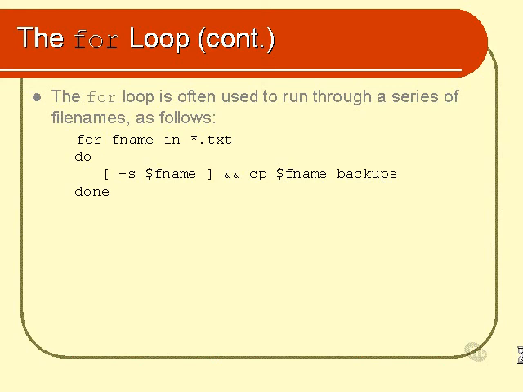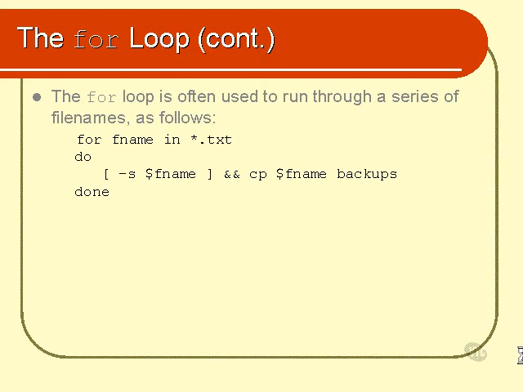So the variable fname will take, in turn, one value that represents each of the star.txt files in the current directory. So if there are 10 txt files, then you'll go through the loop 10 times. If there's 1, then you'll go through it once, and if there are none, then you'll actually go through it once, and the value that you will have for fname as you go through will actually be star.txt.